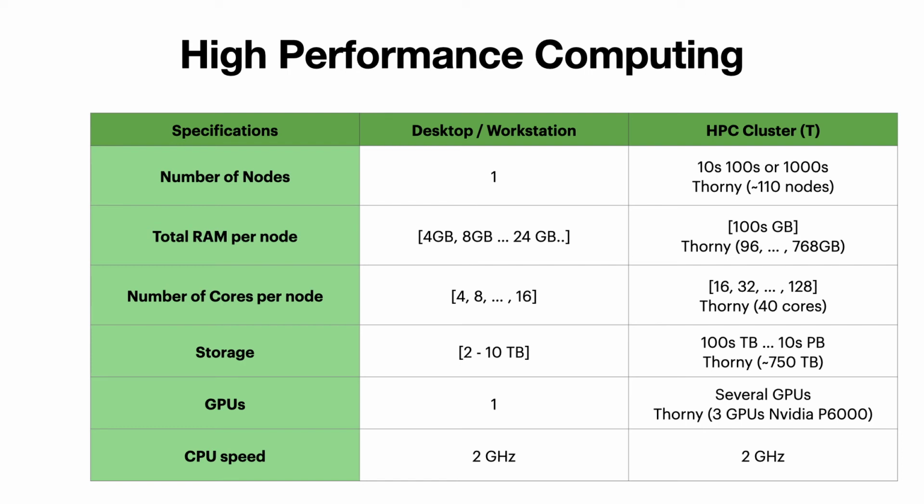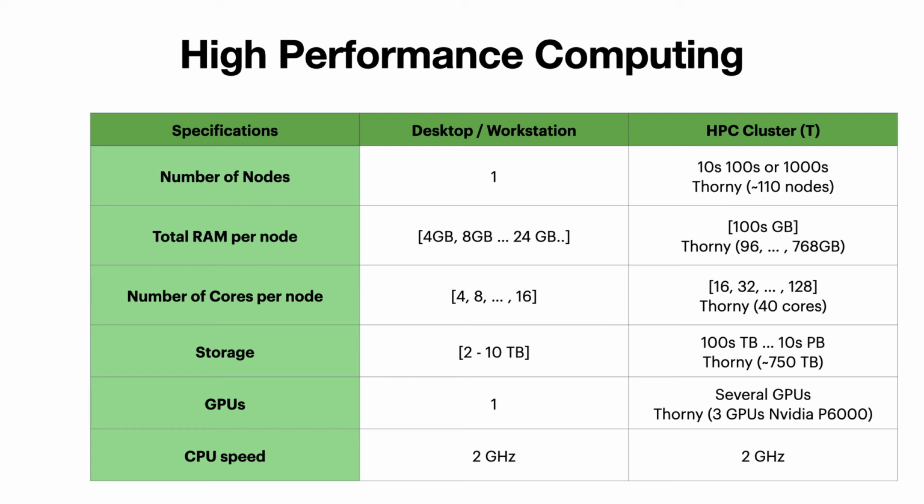Storage. Your computer has around 2 terabytes if you have a laptop and you have something like an SSD. This storage device is probably smaller but faster. And on a desktop you probably have 1 or 2 drives, so you can easily have 10 terabytes, 20 terabytes on your drives.